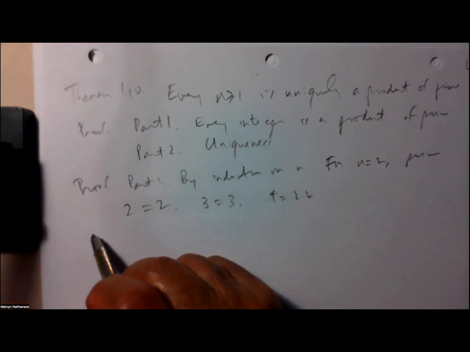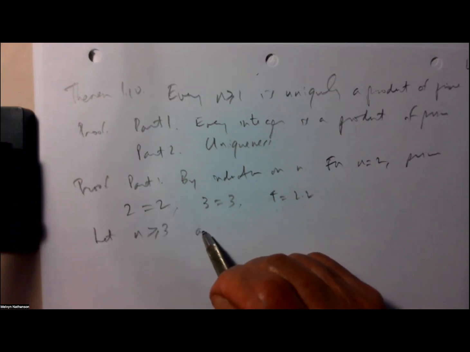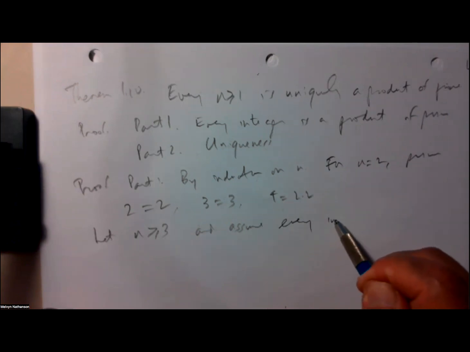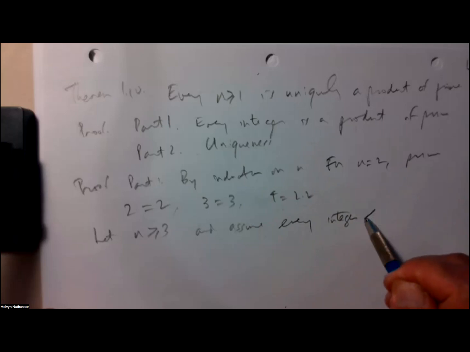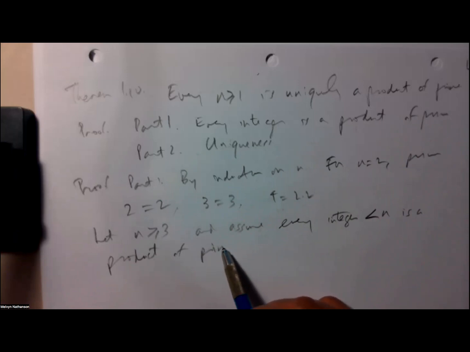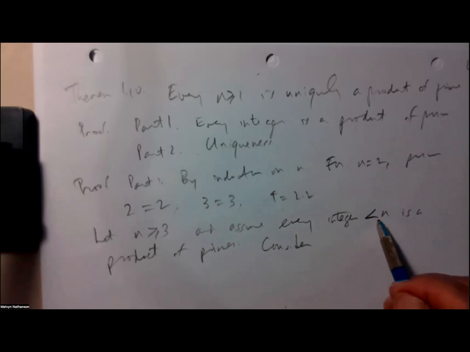And so let n be at least 3 and assume, this is the induction hypothesis, every integer strictly less than n is a product of primes. What about n? So consider n. We know if you take a number strictly less than n, it's a product of primes. So there are two cases.